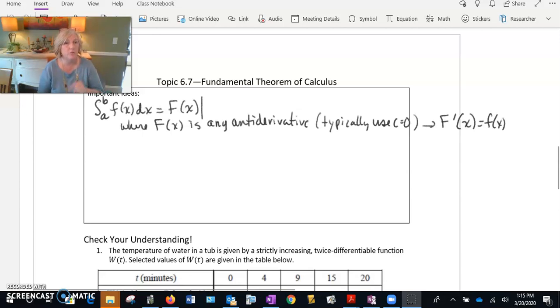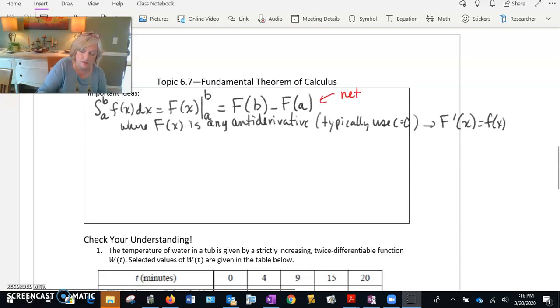And that evaluate bar is now going to go from A to B. So instead of just plugging in one number, when we draw the evaluate bar and put a number at the bottom and the top, we're showing that we're going to be calculating a net change. And this is going to be equivalent to F of B minus F of A, the net change, aka displacement, from A to B. And you do want to make sure that you recognize that this is the end and this is the beginning.